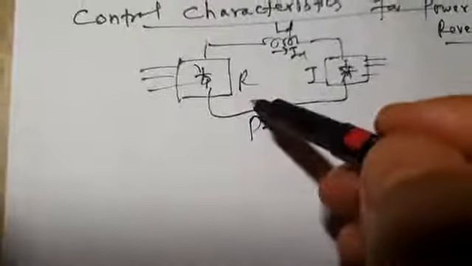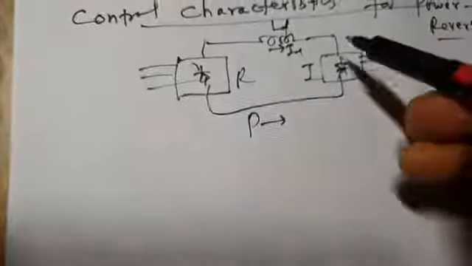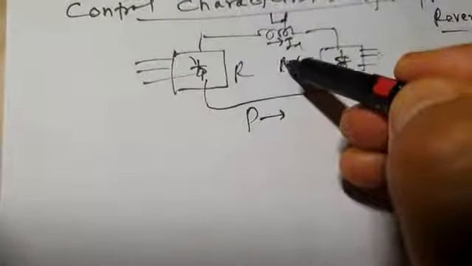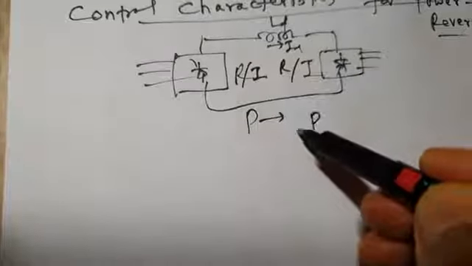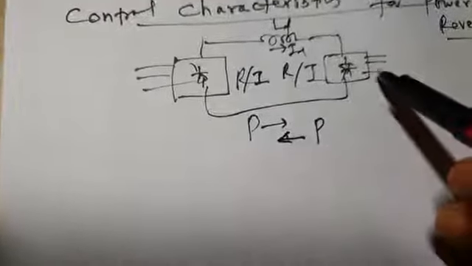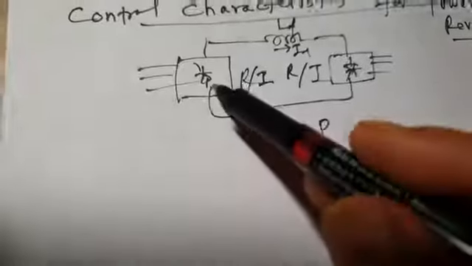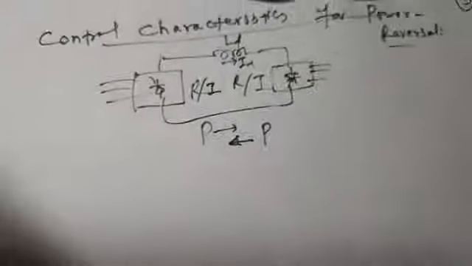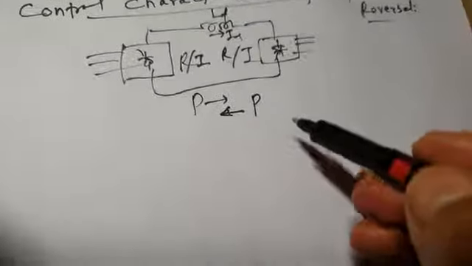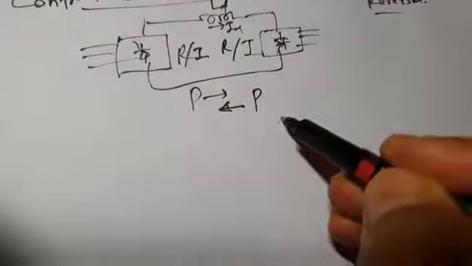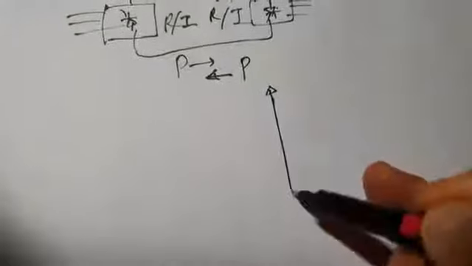But in the case of a back-to-back link, your inverter may behave as a rectifier and the rectifier may behave as an inverter. In that case, the direction of power flow will reverse. Power will flow from this converting station to this converting station. So in that case, what will happen to your control characteristics? Let us see the control characteristics under such a situation.